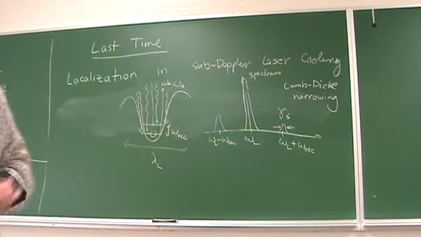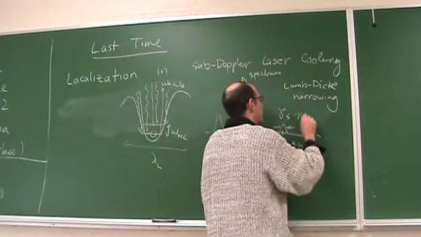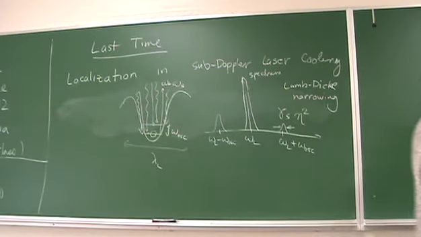But in fact, they are much narrower than that. They are down by a factor which is known as the Lamb-Dicke parameter squared.